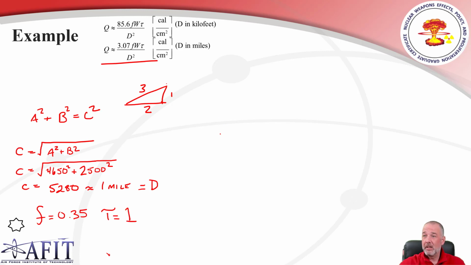All right, so now we can go ahead and plug all of our numbers in. So we're going to get our Q is going to be equal to 3.07 times 0.35 times 20 times 1, all divided by 1 squared, which is still 1.